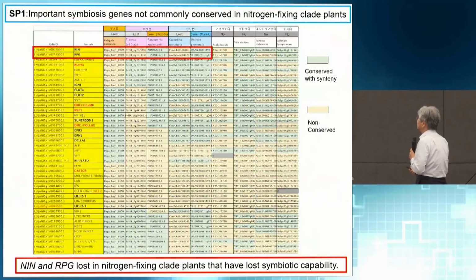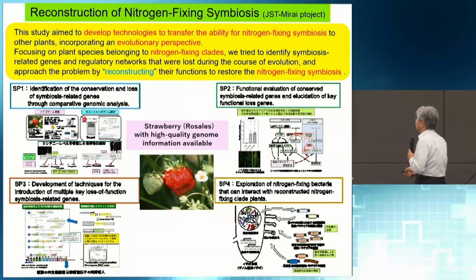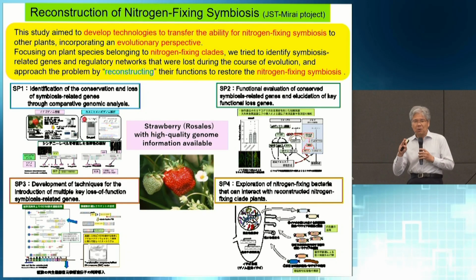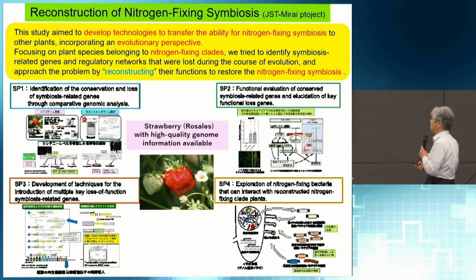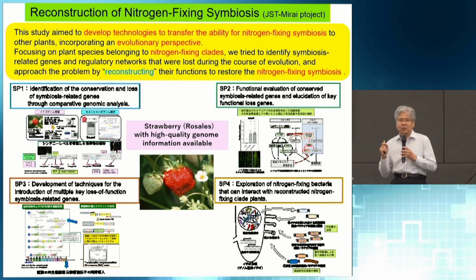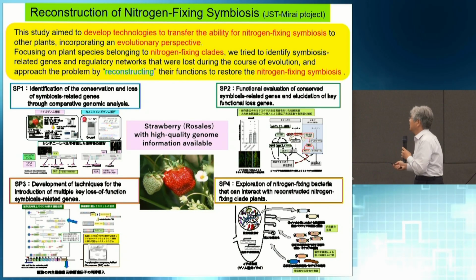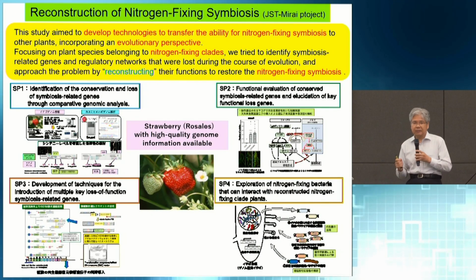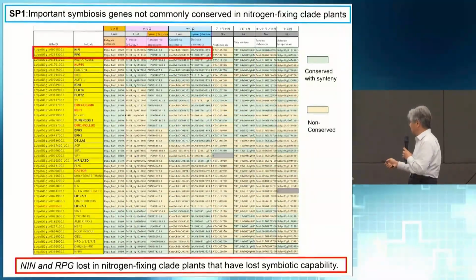So, sorry. In this project, we have set 4 sub-projects with the specialists of each project and set the target to the strawberry, which belongs to the Rosaceae, since we have quite high quality genome information of strawberry in our hand.